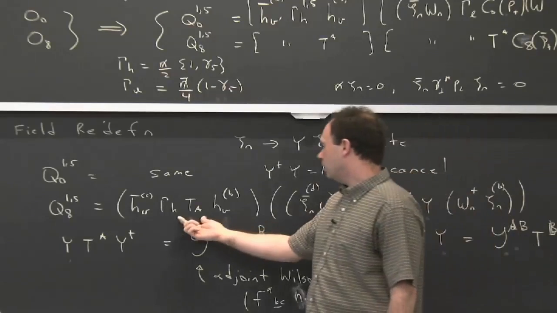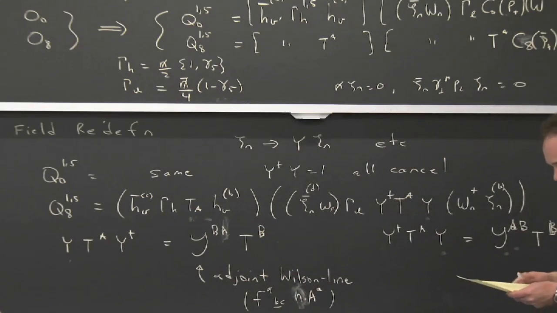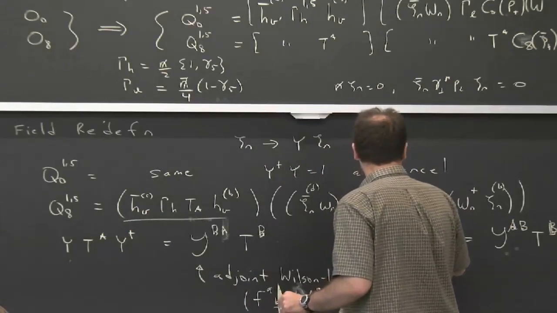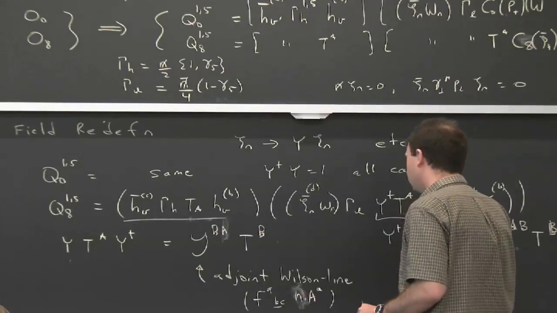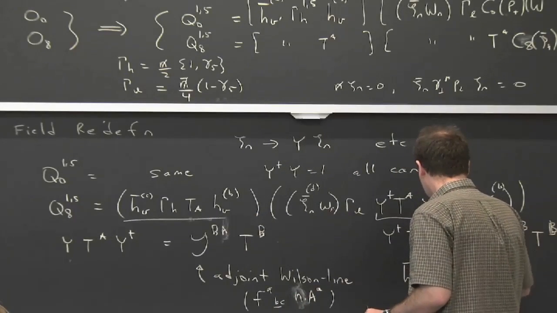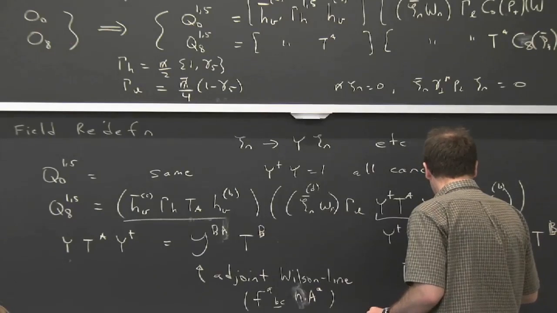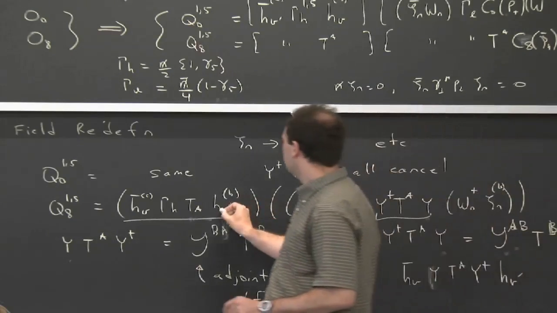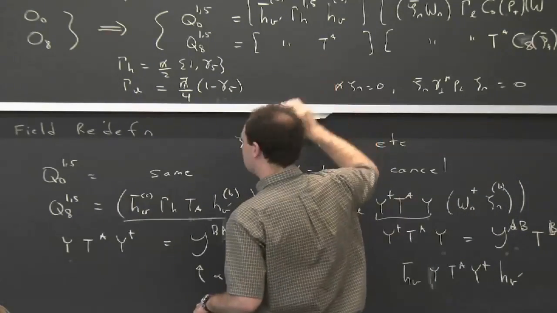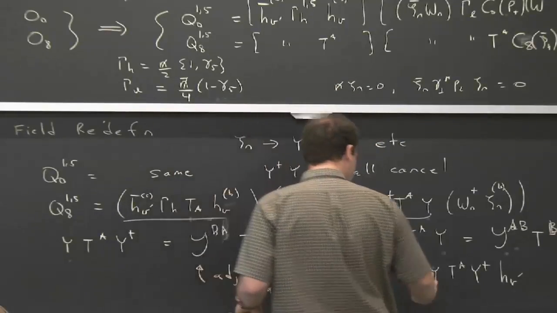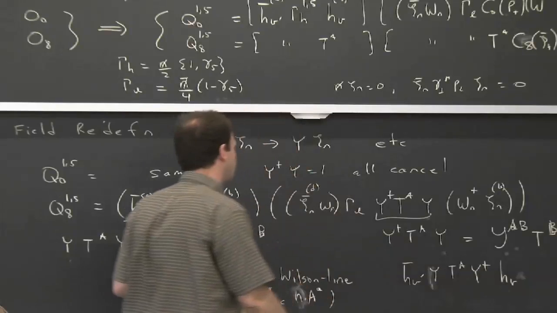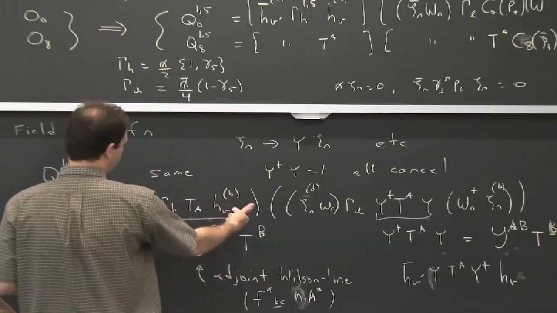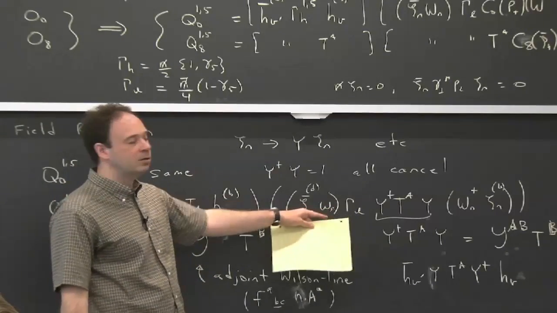So then I can move it over here, and then I can convert it back to a y dagger y if I want to. OK, so we can take this guy and this thing and write it over there as HV y TA y dagger HV prime. I don't know if I was careful about that. This is the prime. And then all the ultra soft gluons are over here in this matrix element, and all the collinear fields are over there.